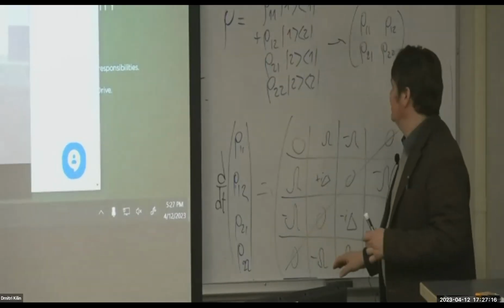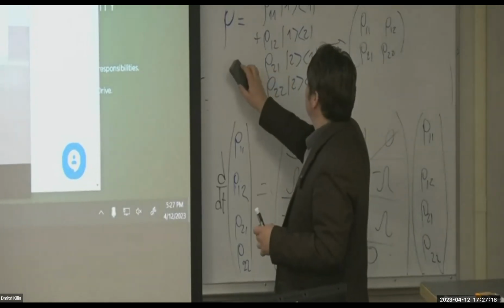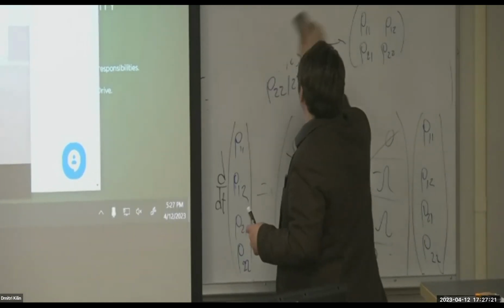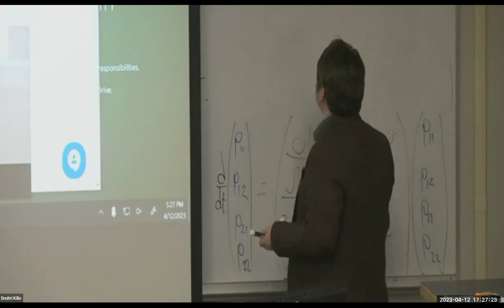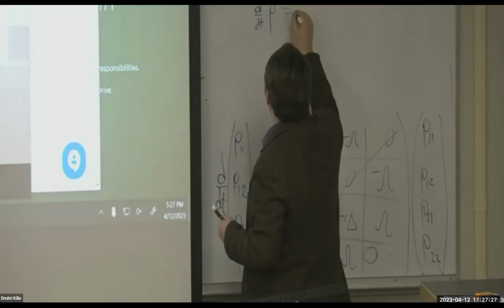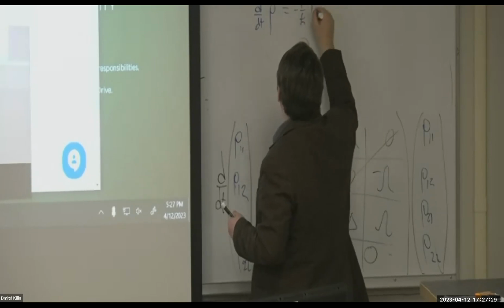Now I'm going to erase it because you leave it. So if this is correct, it means that d/dt rho equals minus i over h bar, the commutator of H and rho.